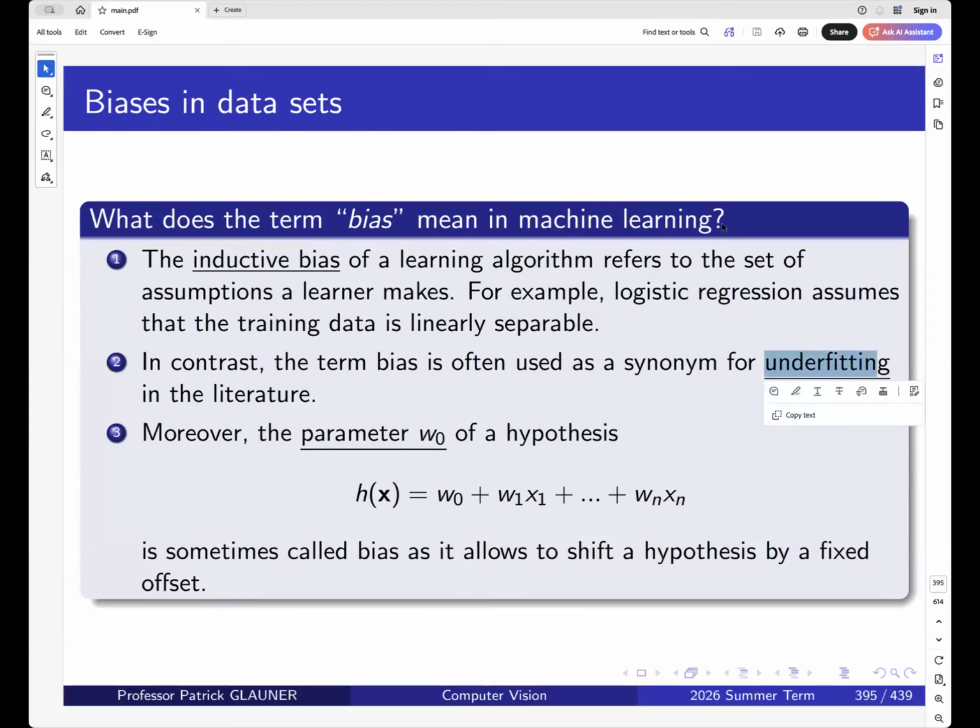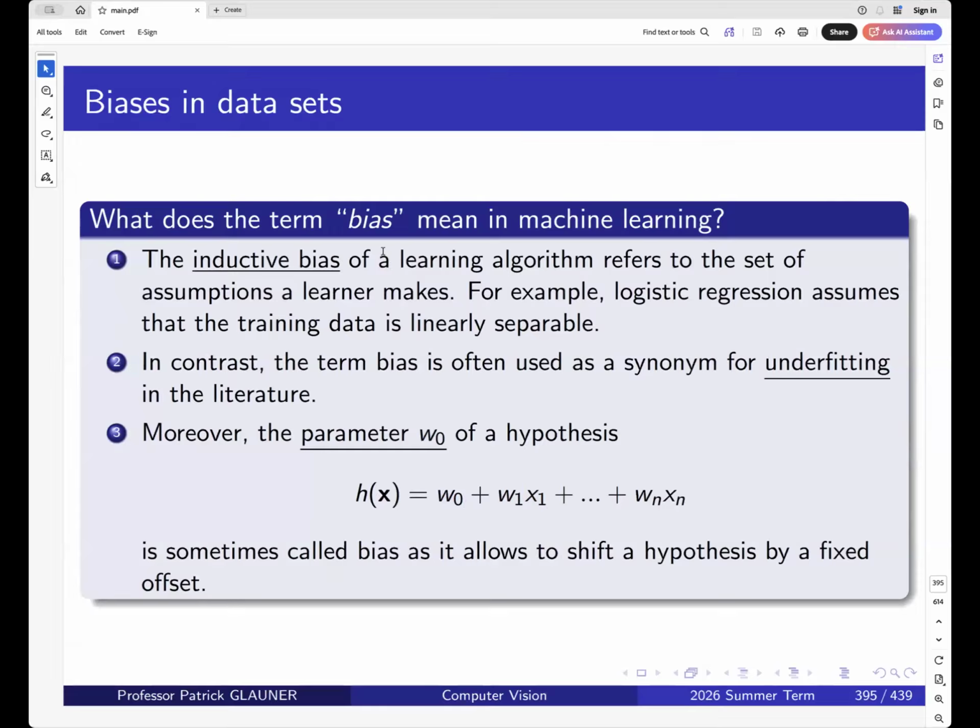Underfitting is a well-known concept. You often have seen such a parameter w0 as the y-intercept. So even in a simple linear function with just one input, you have two parameters, one for the slope and one for the y-intercept.